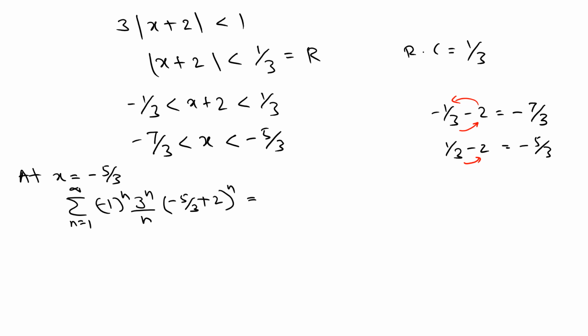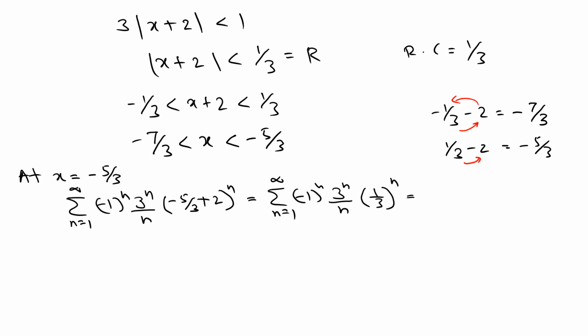So you can simplify this. So you're going to get sigma n going from 1 to infinity, negative 1 to the n, 3 to the n over n. Now you can see negative 5/3 plus 2 is positive 1/3, to the n.